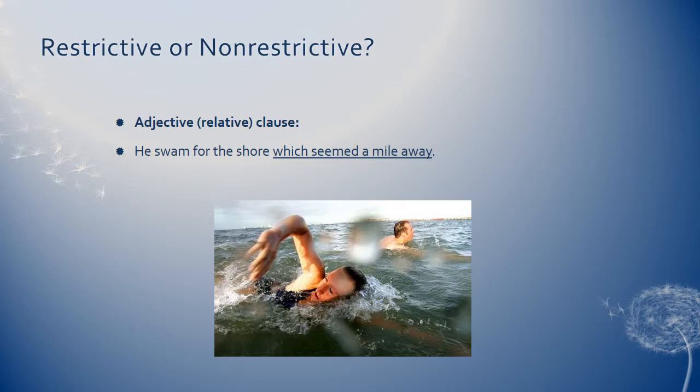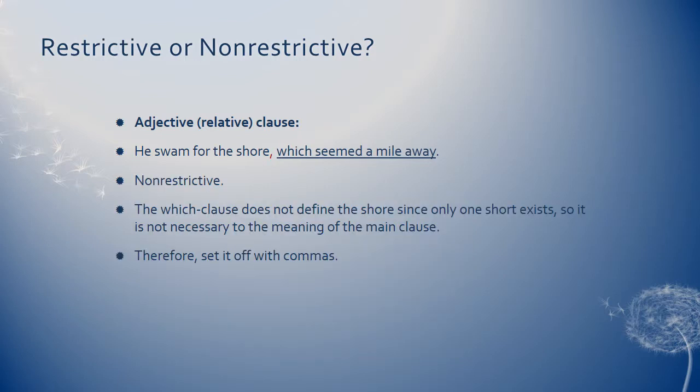Okay. First, is the following adjective clause restrictive or non-restrictive? He swam for the shore, which seemed a mile away. Well, the adjective clause here is non-restrictive, and we should punctuate it with a comma.